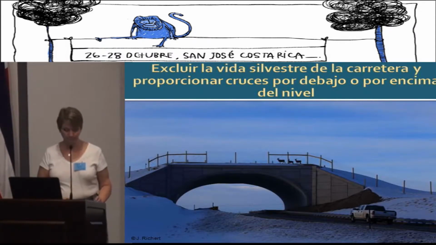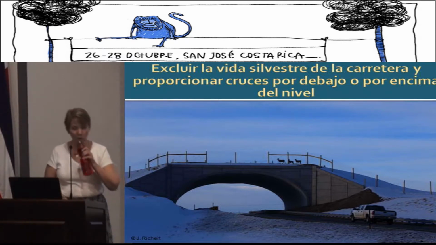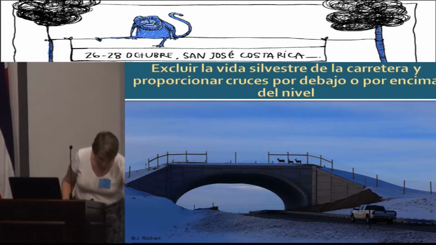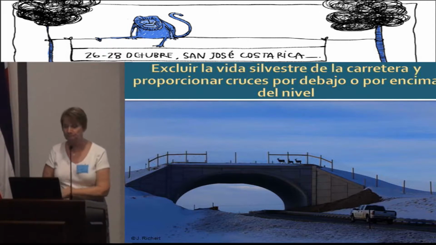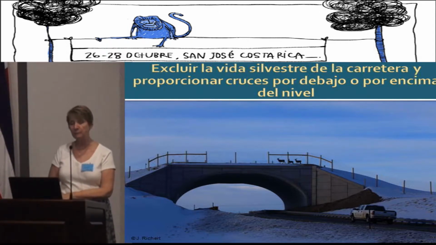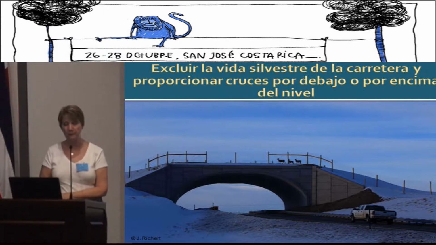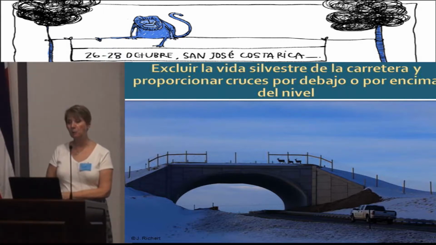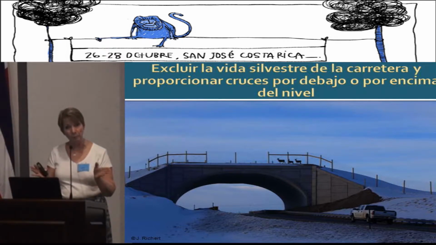Okay, so then, now we're getting into the more costly situations. In the case of overpasses and underpasses, you're basically excluding wildlife from the road itself, which keeps them away from cars.